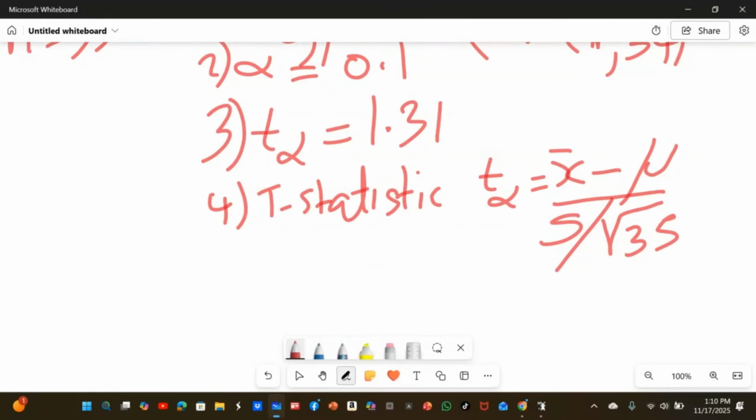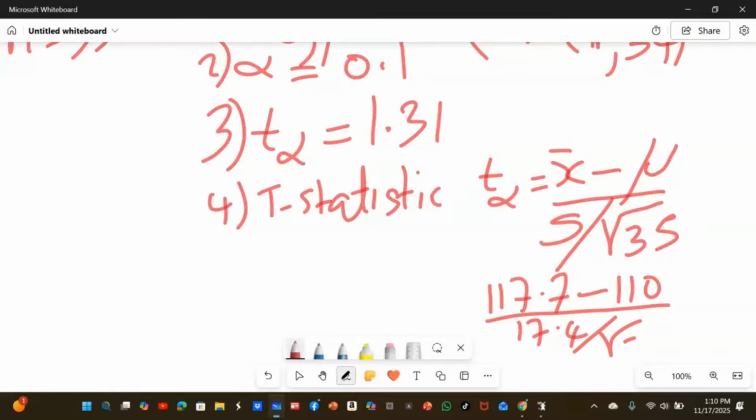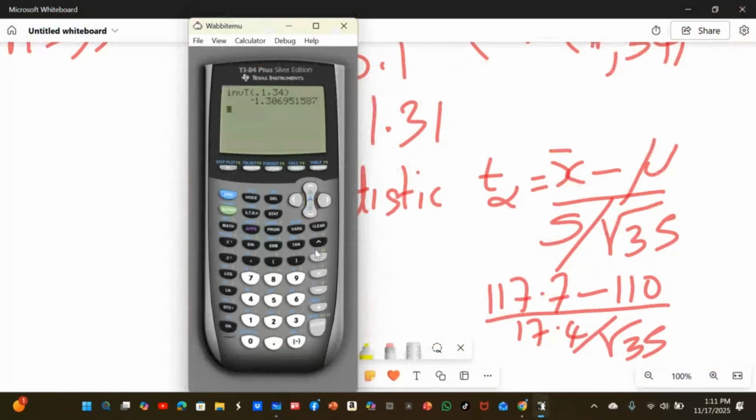So the test statistic is 117.7 minus 110 divided by the sample standard deviation 17.4 divided by the square root of the sample size. I'm not going to evaluate that because my calculator will give it to me. So I'll quickly go to my calculator and do the right-tailed t hypothesis testing. So where do I go?